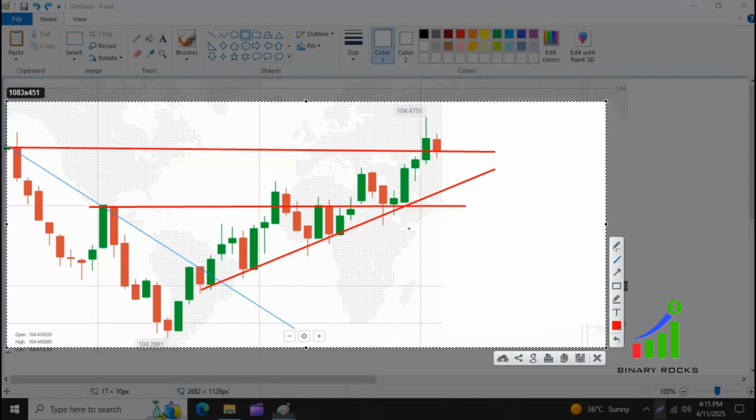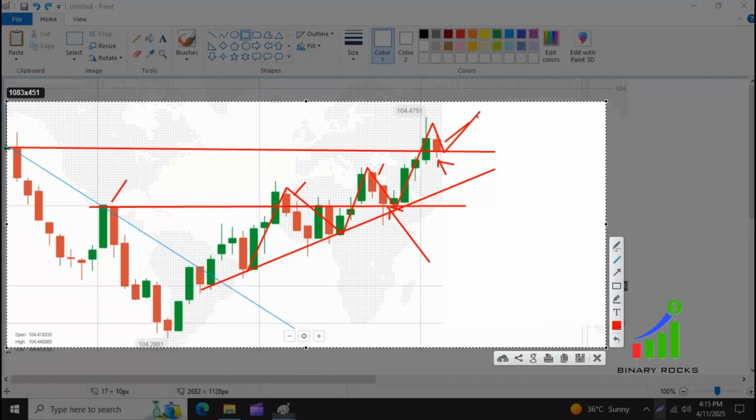Here we have one logic: resistance becomes support. And comparing to these candles, this is weak and it didn't break, and we have a rejection. And we are in an uptrend, and we have a strong momentum.